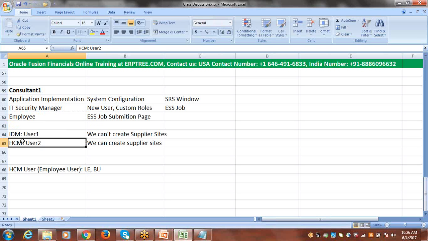That's how the system will create it. There is no additional assignment possible. By adding something you cannot add privileges to an IDM user to make it an HCM user. Okay, understood.